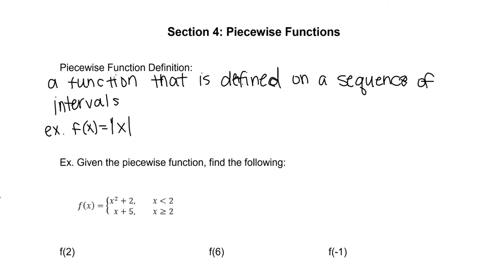I can also write it as f of x equals, and I can define it using two different linear functions. My first one is for positive values of x. For positive values of x, the absolute value function follows the line x. So that's for x greater than or equal to 0. And for negative values of x, it follows the equation negative x.